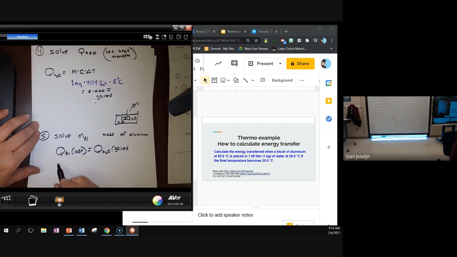So let's do energy of aluminum is equal to the mass of aluminum times the specific heat capacity times the change in temp for aluminum. So it looks like a lot, but it's really just 3 variables.